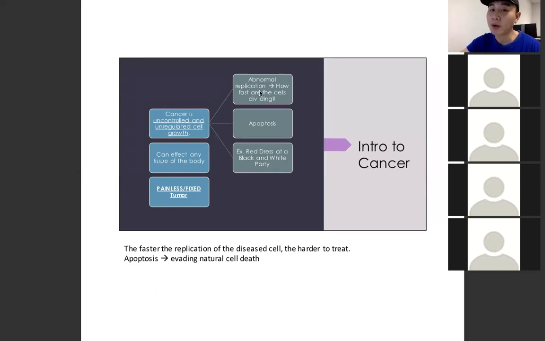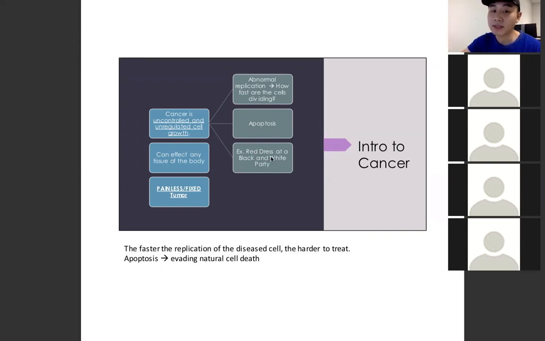This can be abnormal replication, how fast the cells are dividing. Apoptosis is programmed cell death, which means the cell basically bursts on its own. It kills itself. It's suicide.